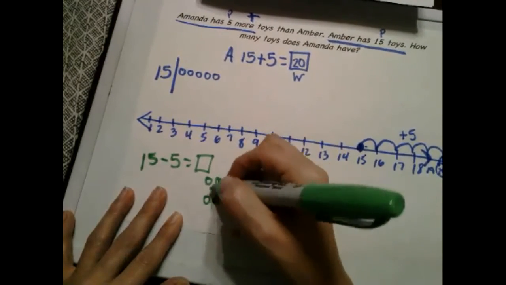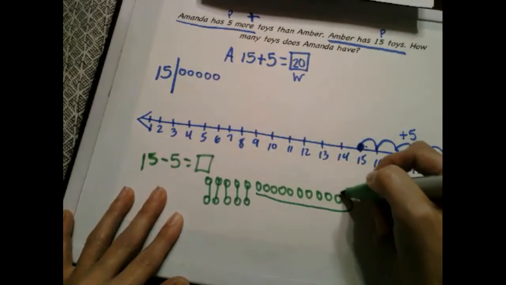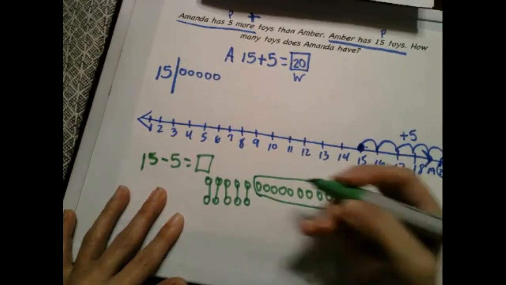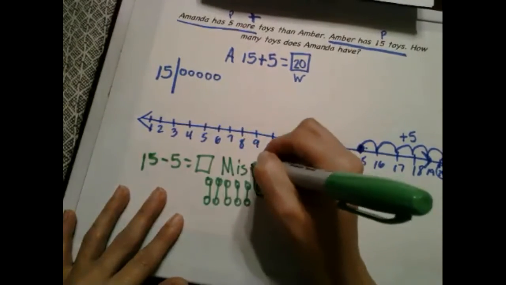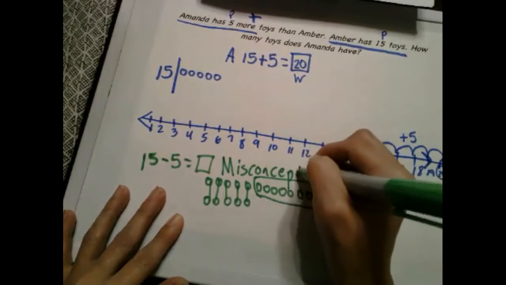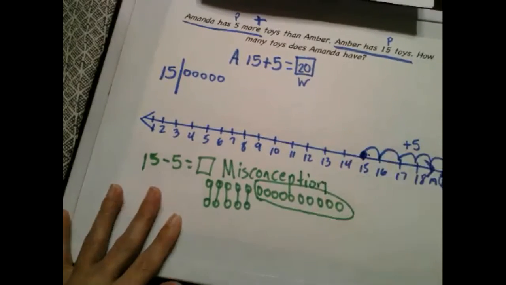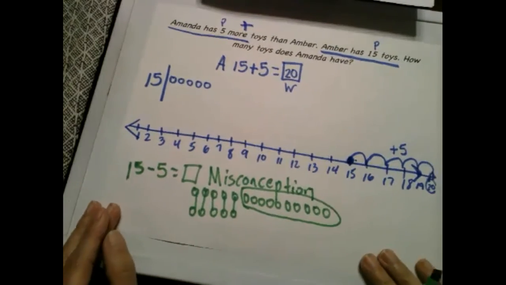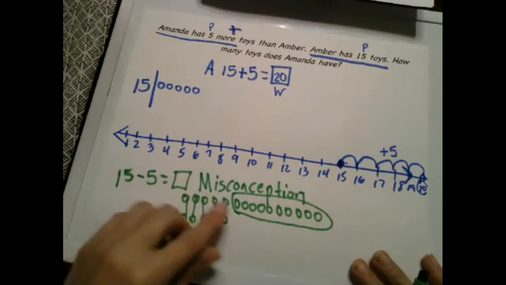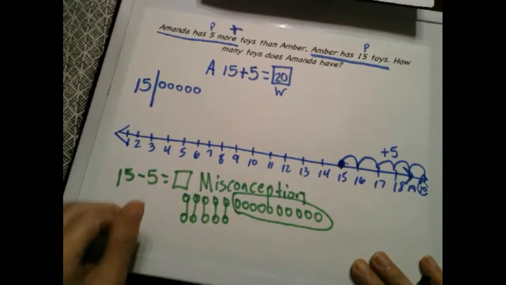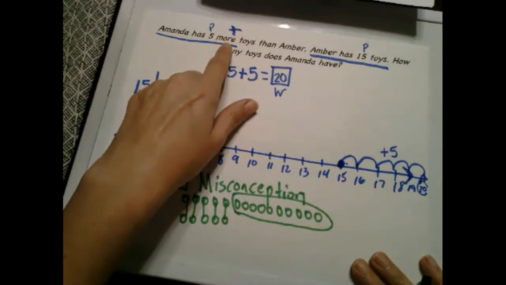They may have matched them up to find the difference. But this is a misconception, because it's not asking for you to subtract. It says she already has 5 more.